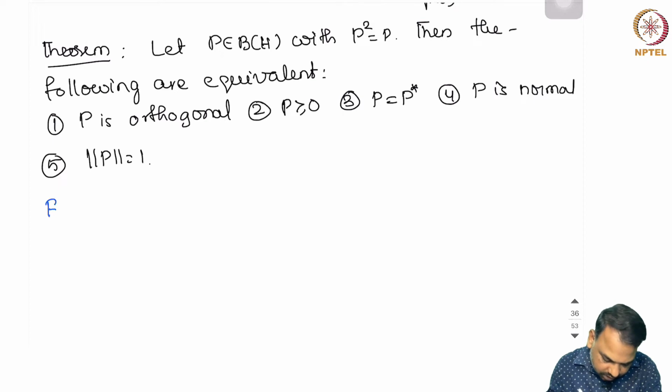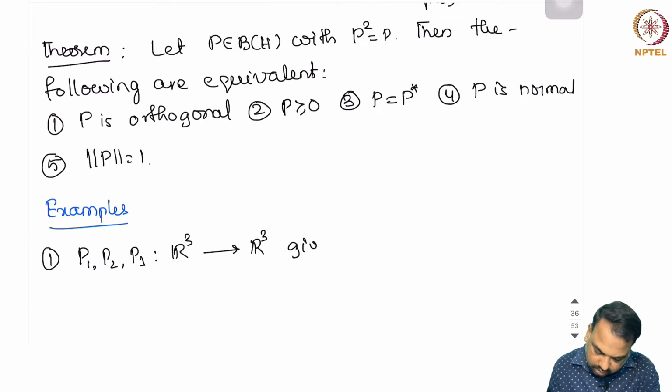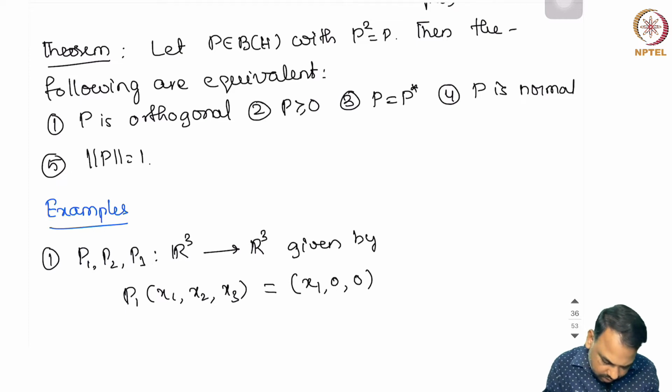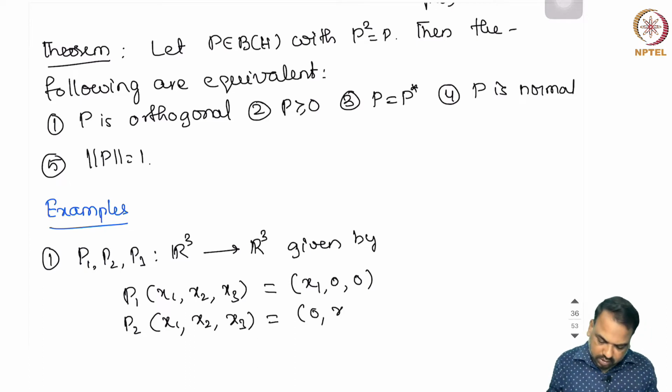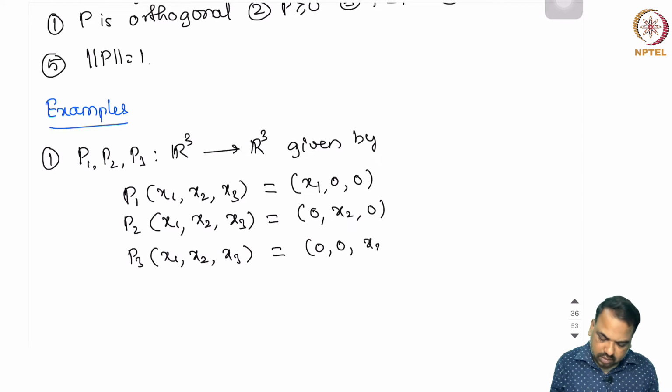Let us look at a few more examples. Let us take on R3 define P1, P2, P3 from R3 into R3 given by P1 of x1, x2, x3 equal to x1, 0, 0, P2 of x1, x2, x3 equals 0, x2, 0 and P3 of x1, x2, x3 equals 0, 0, x3.